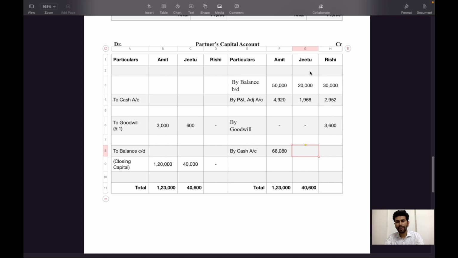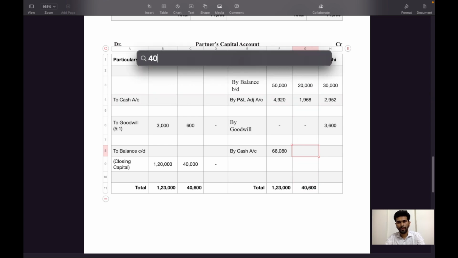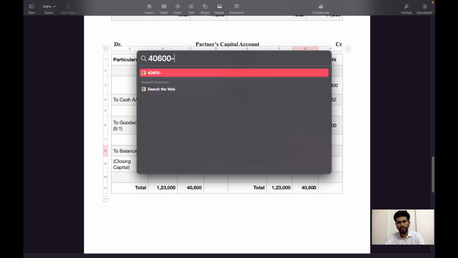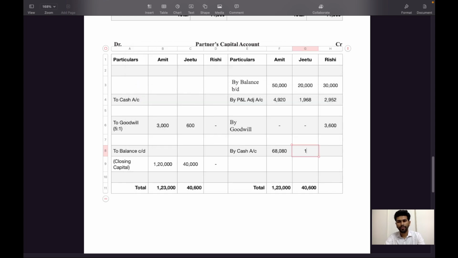40,600 minus 20,000 minus 1,968 is 18,632, and credit side of Rishi account is more.